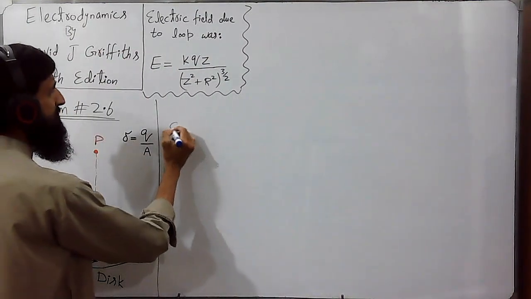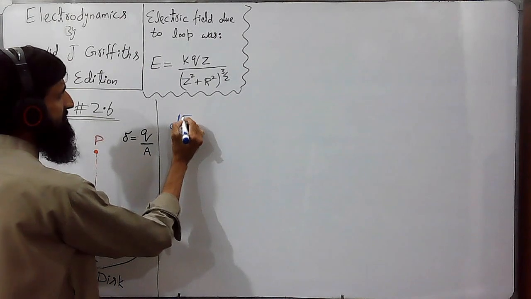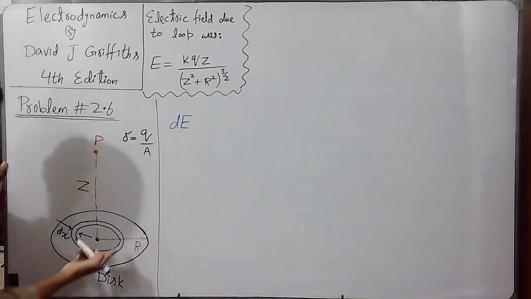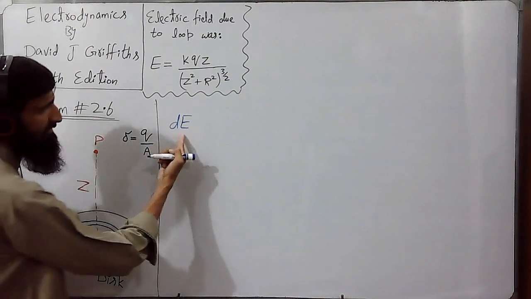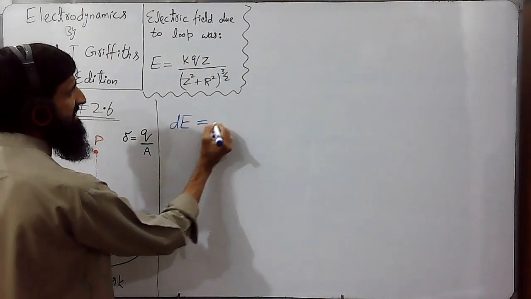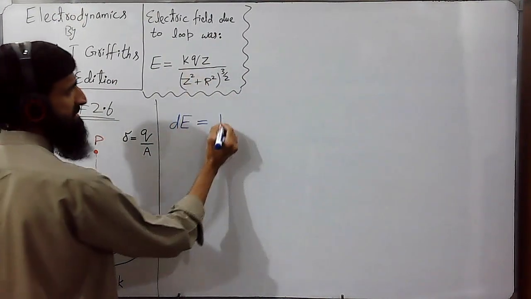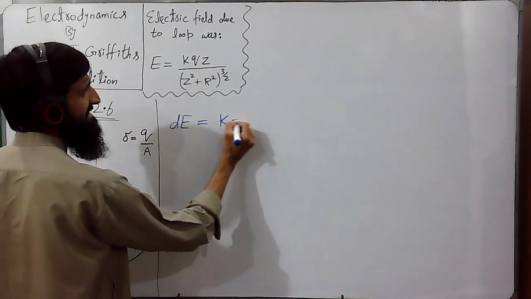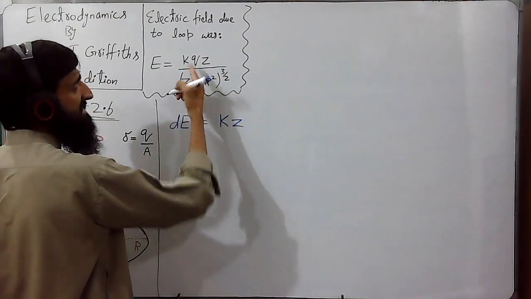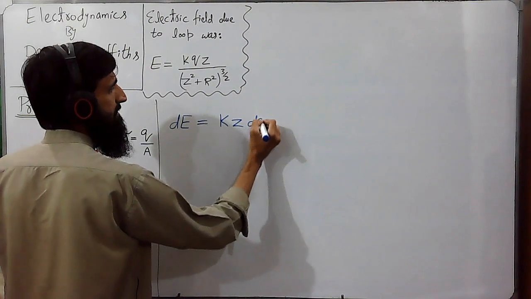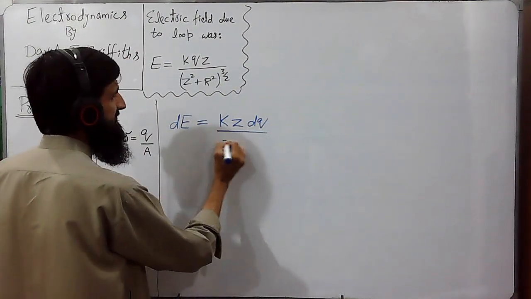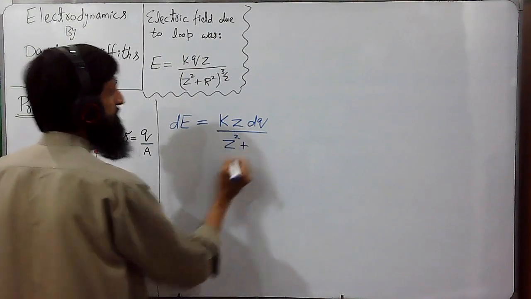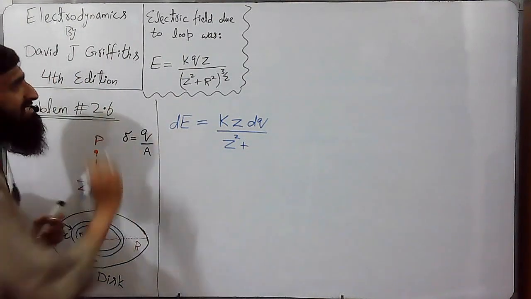So the electric field produced due to this loop element is named as dE, and by using this expression that will be equal to kz dq divided by (z square plus x square) whole power 3/2.